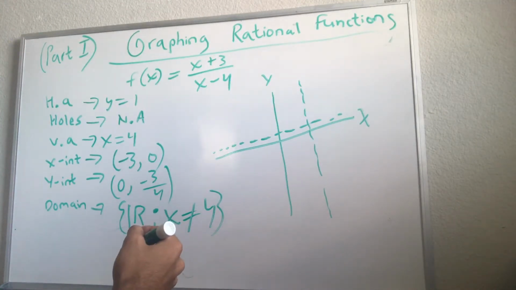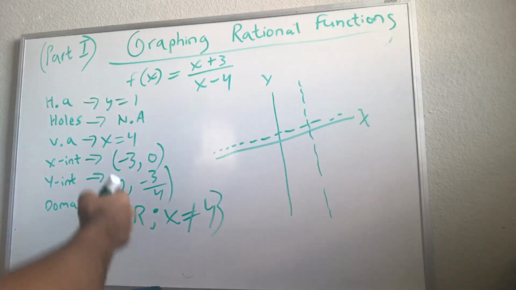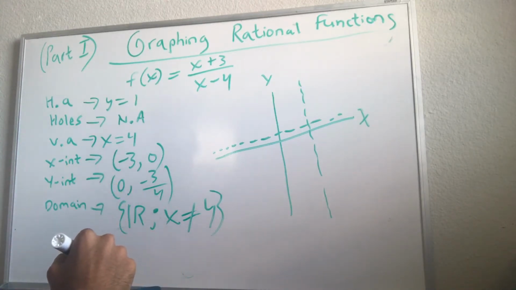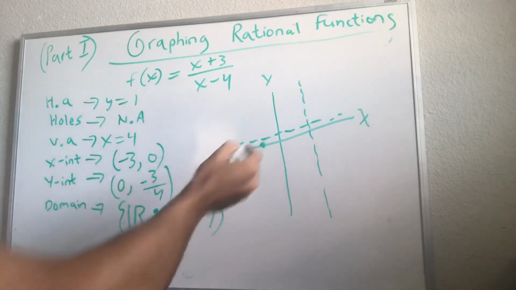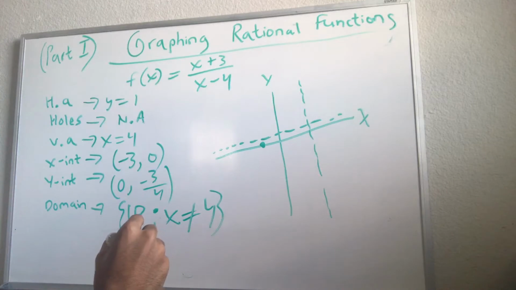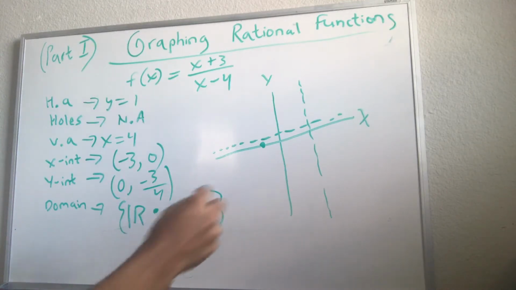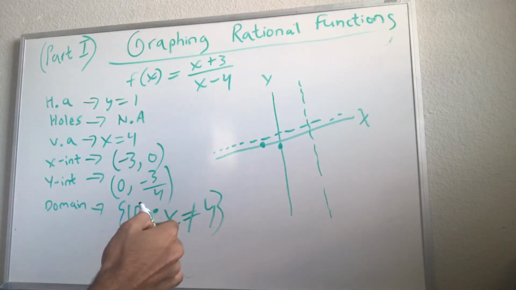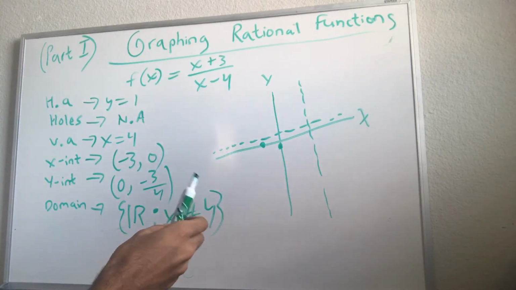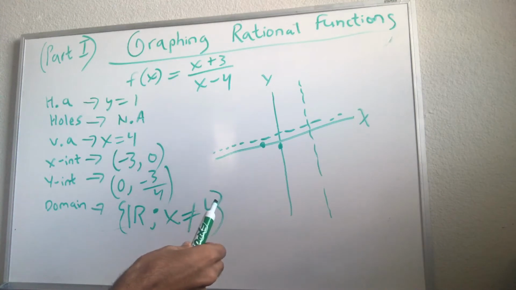But we know the x-intercept and the y-intercept. We know that the x-intercept is negative 3, comma 0, so we can make an approximation. It may be something like this. And then we know our y-intercept as well, that's 0, comma negative 3 over 4. We don't have to be really exact on where our values are, but this gives us a good approximation because we know that our graph is approaching these asymptotes.